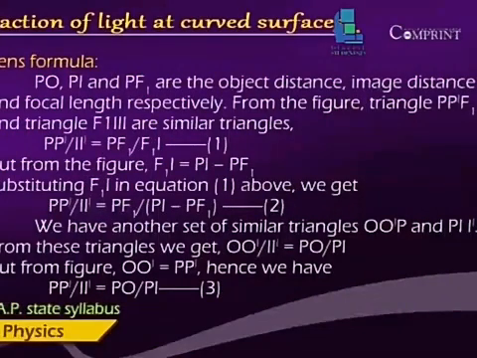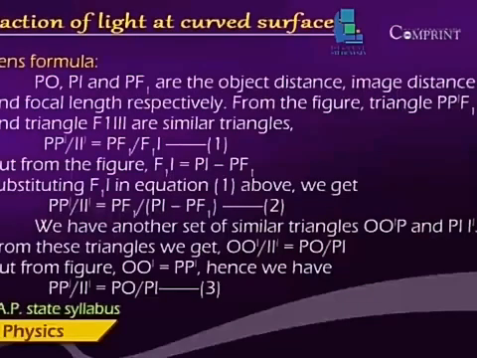PO, PI and PF1 are the object distance, image distance and focal length respectively. From the figure, triangle PP1F1 and triangle F1II1 are similar triangles. This implies PP1 by II1 is equal to PF1 by F1I, equation 1.